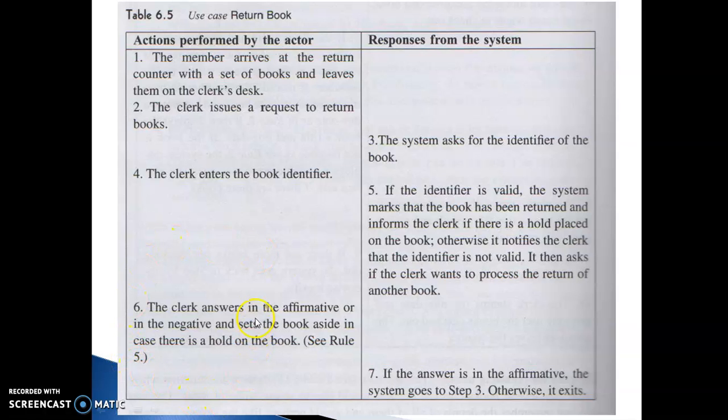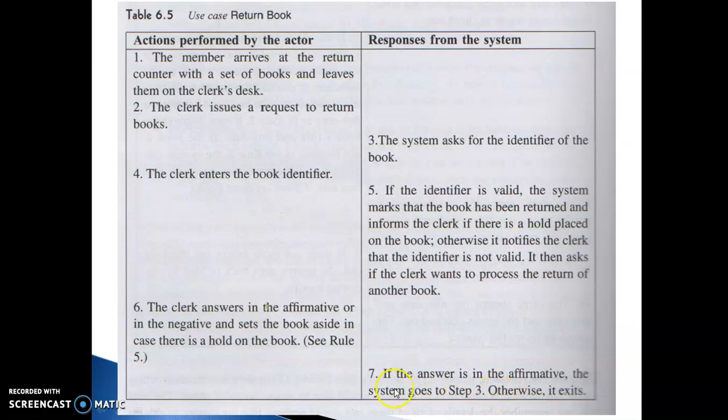The clerk answers in an affirmative or in a negative, and sets the book aside in case there is a hold on the book. If the person is holding that particular book, then he will give a response in an affirmative way, and keep that aside. And if the answer is affirmative, the system goes to step 3.